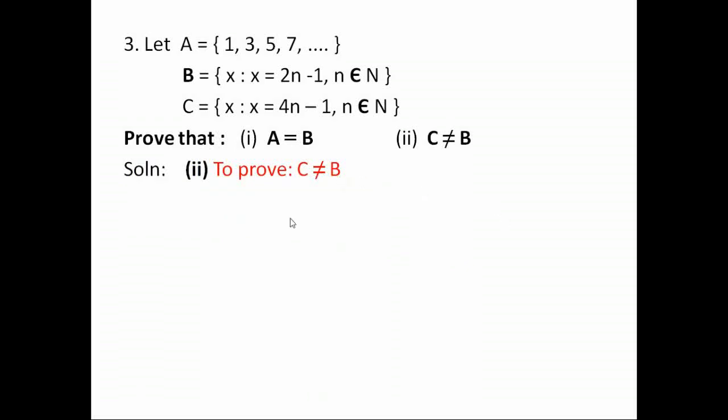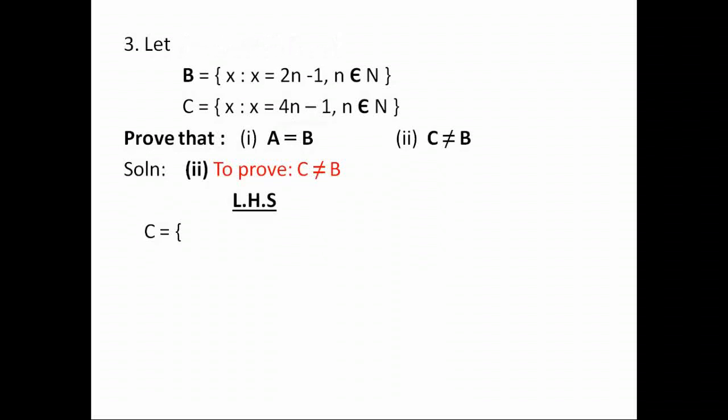So let's represent the values of set C. But the elements of set C are not given. Here it is represented in the set builder form, so we need to find the elements in the roster form. So here n belongs to natural numbers, and the expression given is 4n minus 1, isn't it?